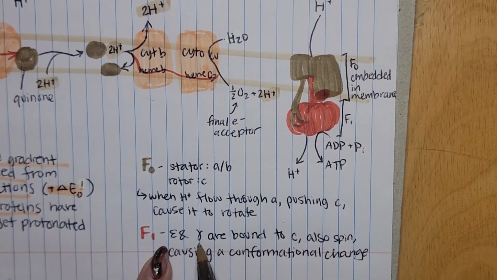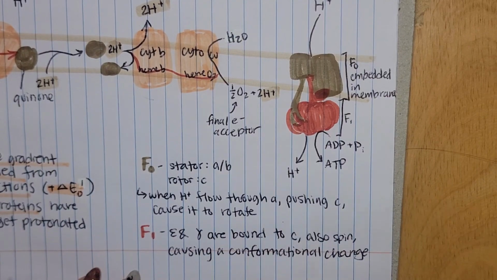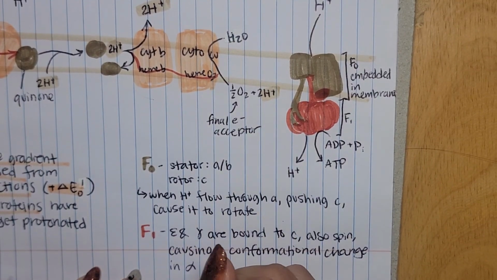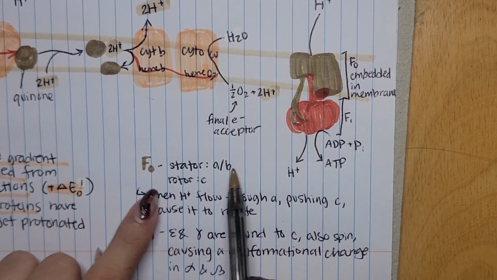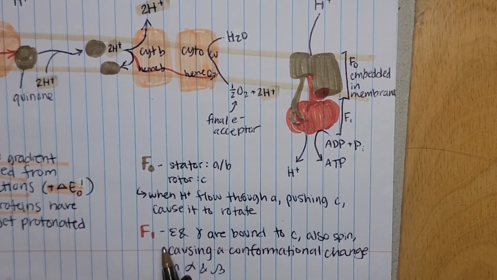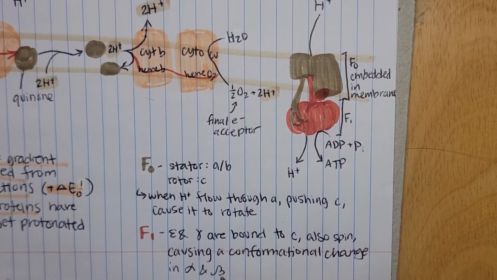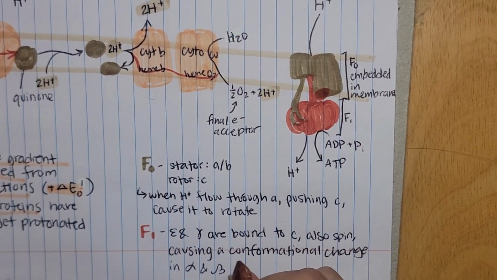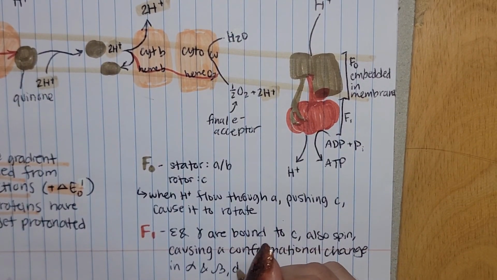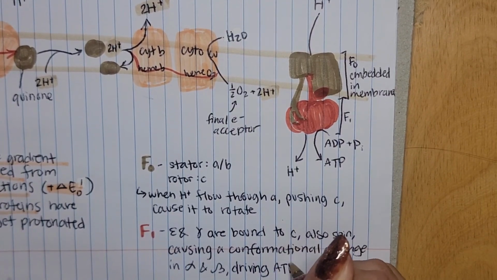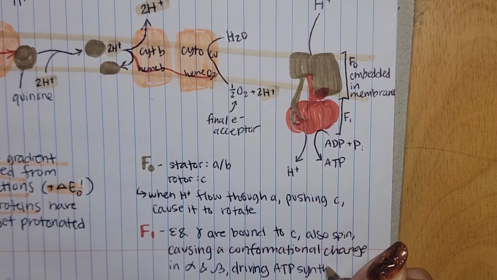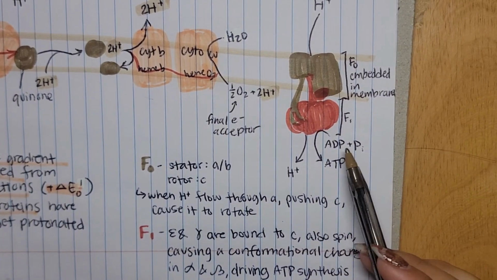So epsilon and gamma are part of F1, and so is alpha and beta. And I think it's nice because you can remember F naught, all of these are normal alphabet letters, and this is the Greek alphabet in F1. So alpha and beta will have this conformational change, and that'll drive ATP synthesis. So that's what we see here.